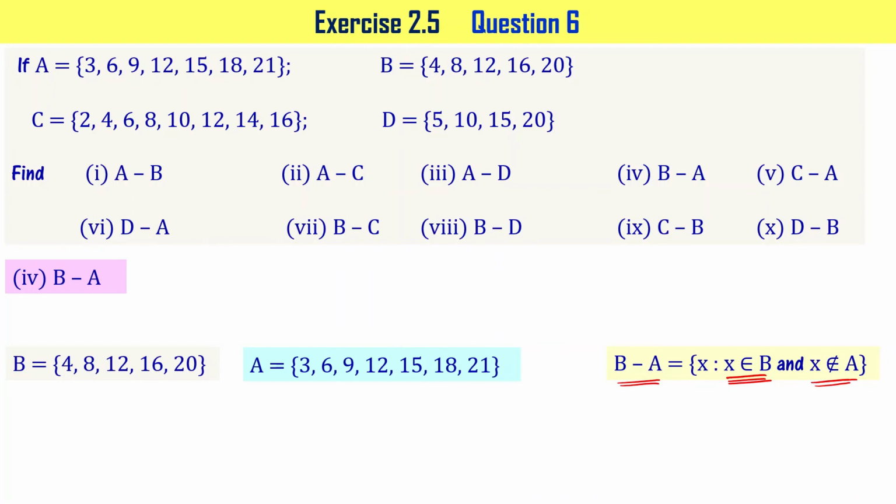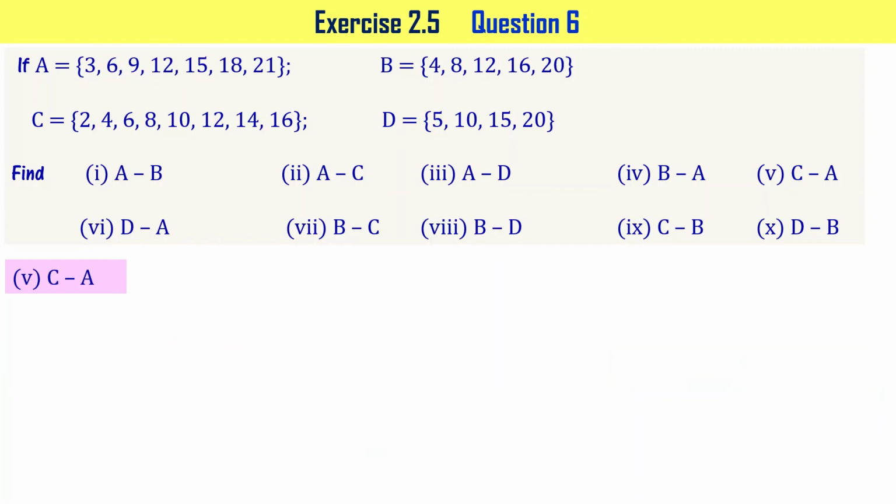As you see here, 4 is only present in B, 8 is also only present in B, 12 is present in both, that's why 12 cannot be part of this B minus A, and 16 is only present here and 20 is also only present here. That's why B minus A is going to be 4, 8, 16 and 20.